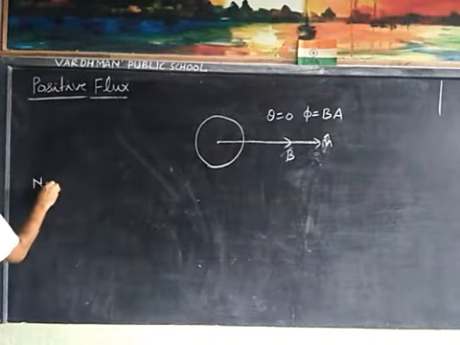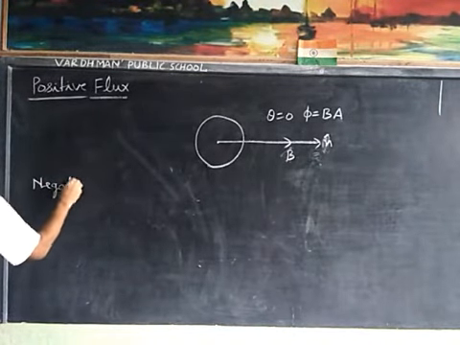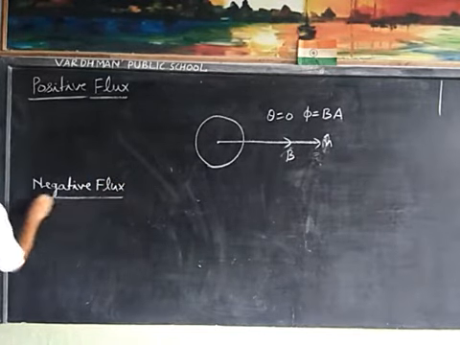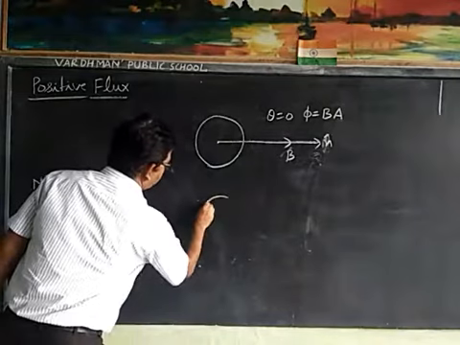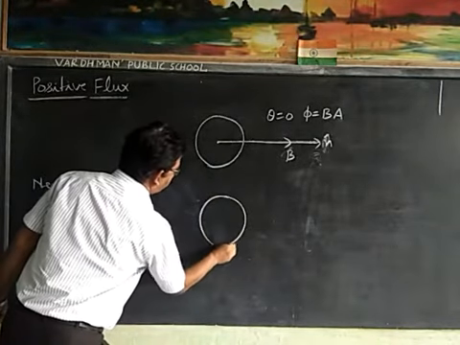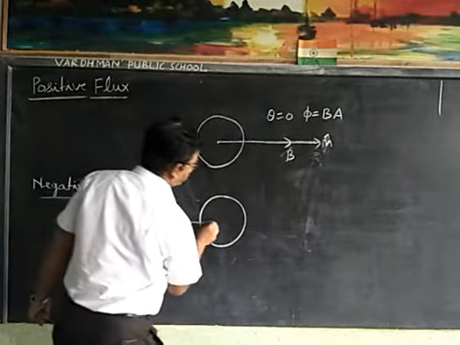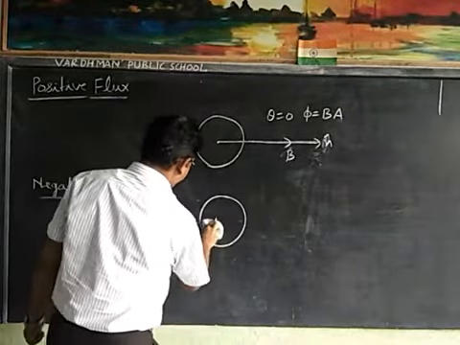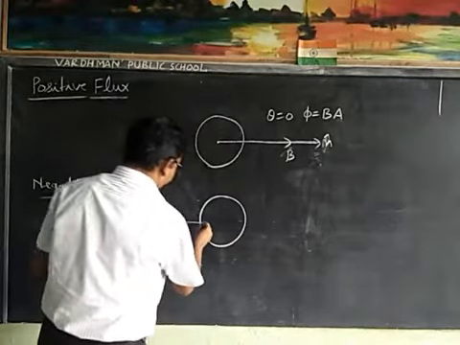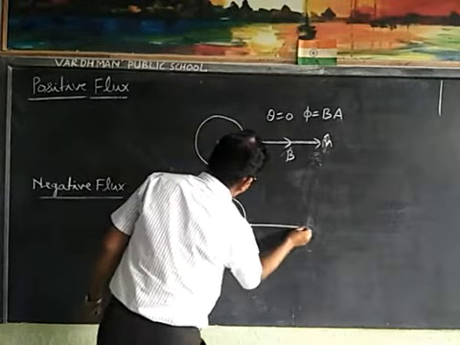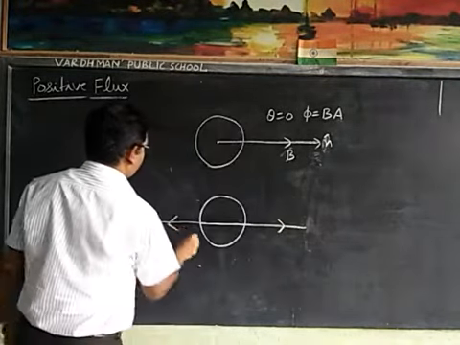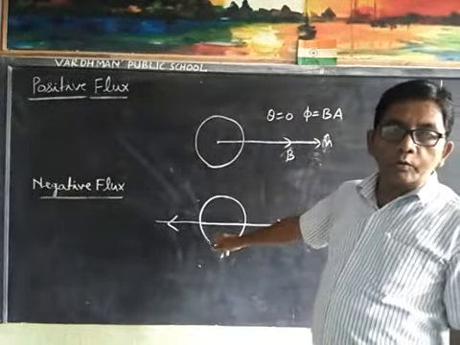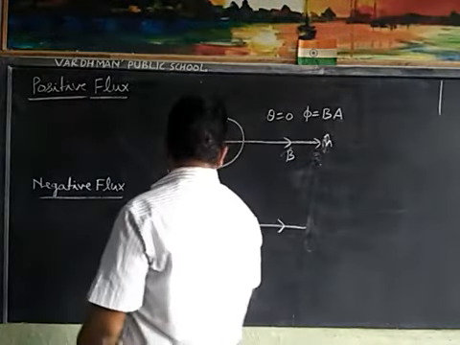Negative flux. First we will draw the diagram. Here theta is equal to 180 degree.